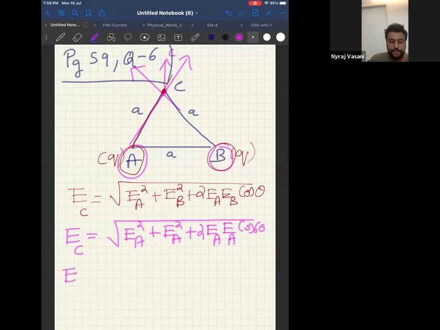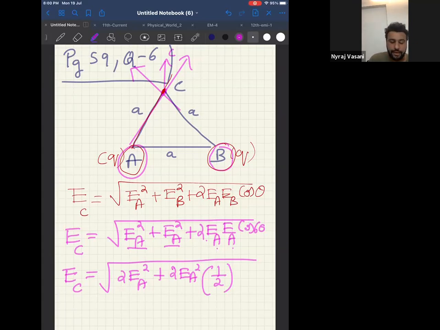Therefore, the resultant electric field at C will be square root of EA square plus EA square, which is 2 EA square, plus 2 EA square cos 60, and cos 60 will be nothing but half.